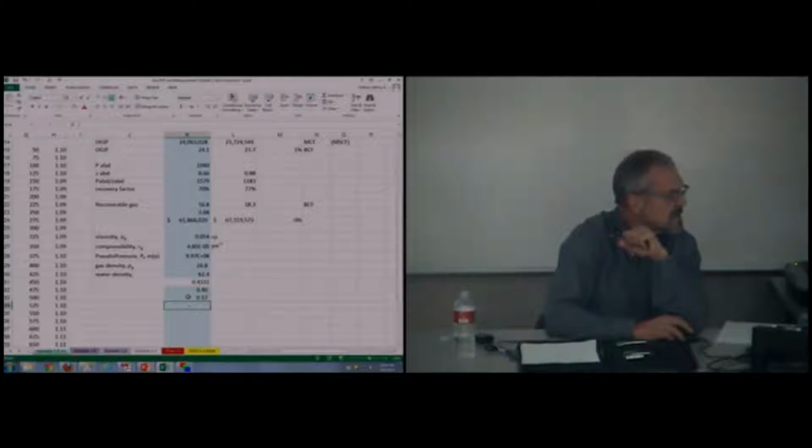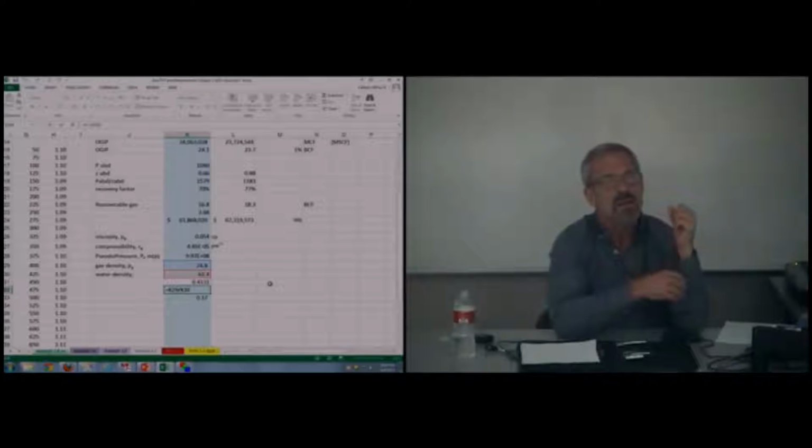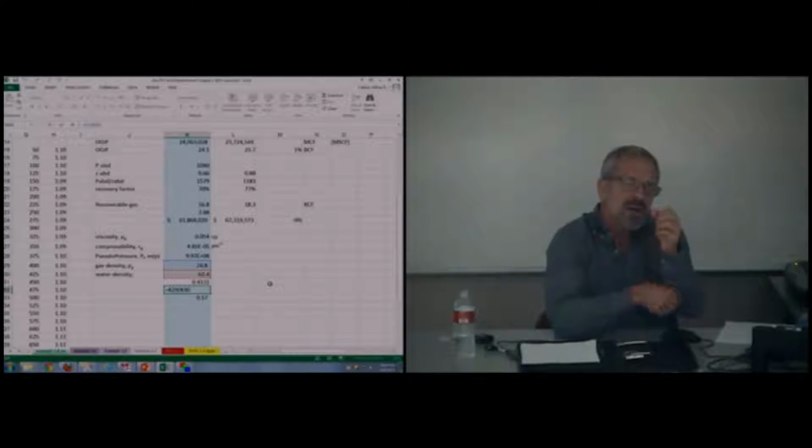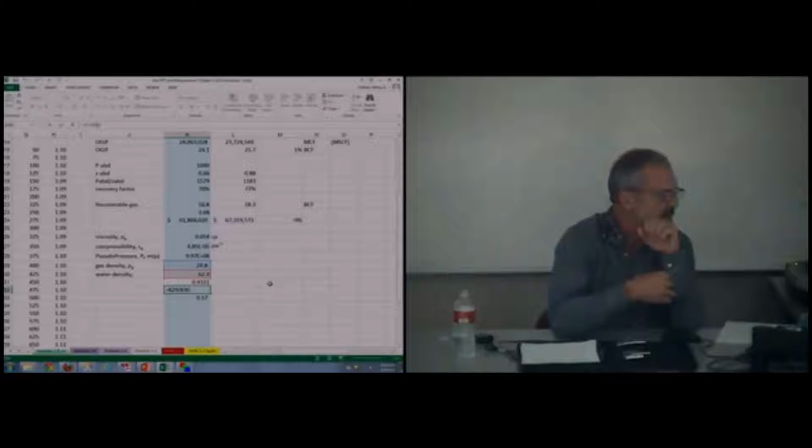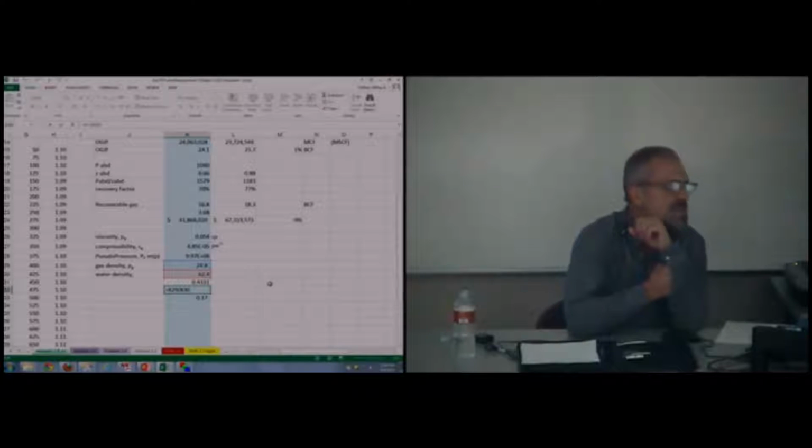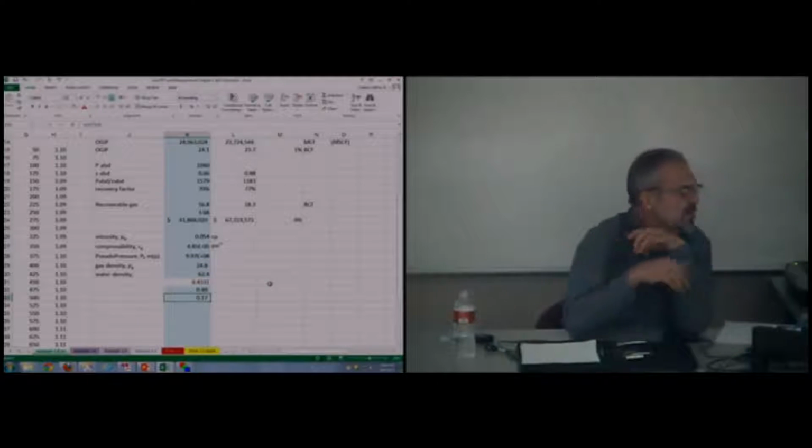Okay. How did you get the 0.40? I ratioed my gas density by the density of water to find its relative density. That's actually a pseudo-liquid gravity. Although it's a gas, it has an apparent liquid gravity of 0.4.